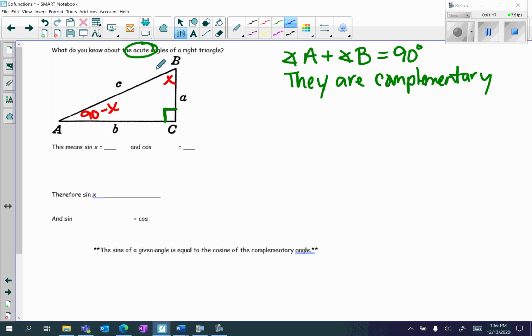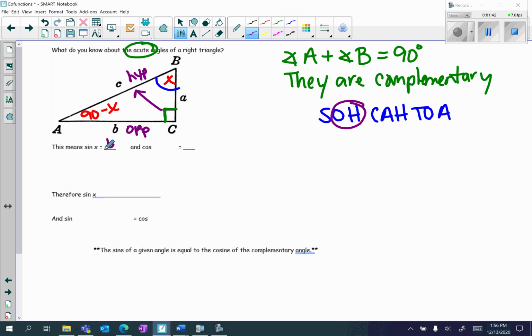So if we're at x and we want to find sine, we're going to use SOHCAHTOA. Sine, remember, is opposite over hypotenuse. So the opposite would be B, and the hypotenuse, remember, is across from the 90-degree angle, would be C. So sine of x would be B over C.